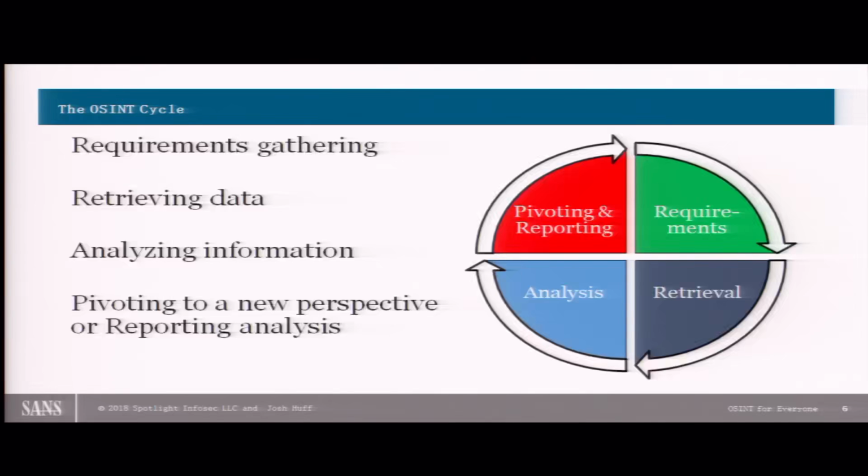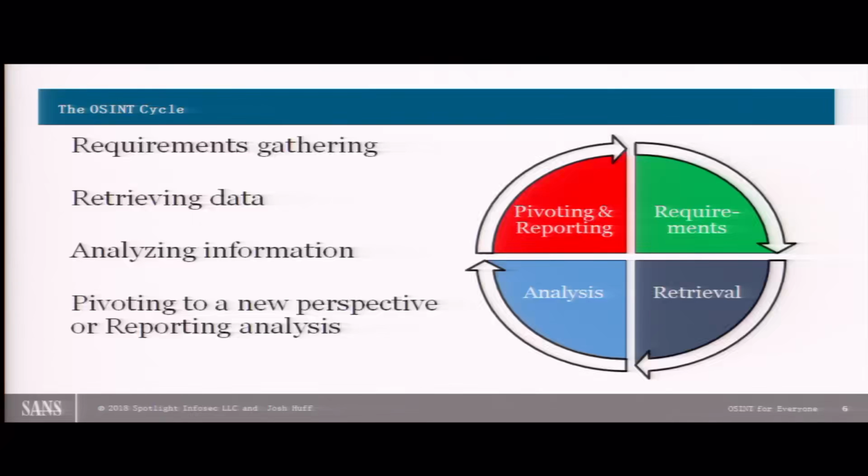Now, the professional methodology that you'll see if you're doing OSINT in the professional environment, this OSINT cycle comes up. This is more of a simplified one. But you're doing OSINT, number one, for a reason. What are your data requirements? Why are we digging this information up to begin with? Once you have a target subject, what you're trying to find information out about, then you start the retrieval process.